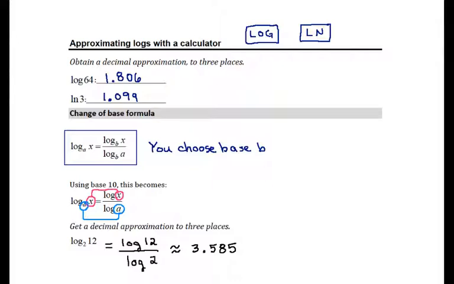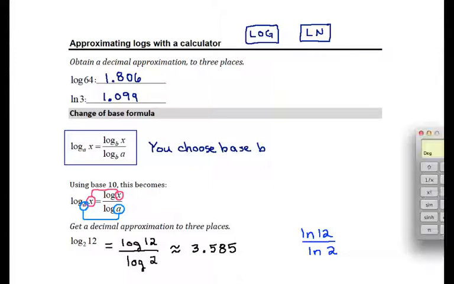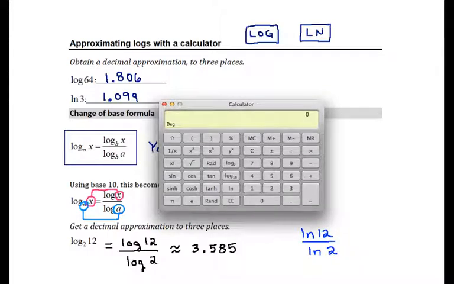Just to see that it doesn't matter what base you choose to change it to, I could have done ln of 12 over ln of 2. Even though the natural log of 12 is different from the common log of 12, and the natural log of 2 is different from the common log of 2, by the time I find this ratio, I will get the same thing. 12 natural log divided by 2 natural log gets me 3.585, right?